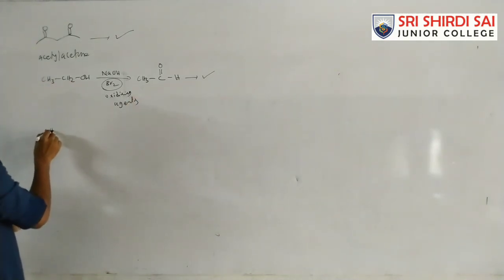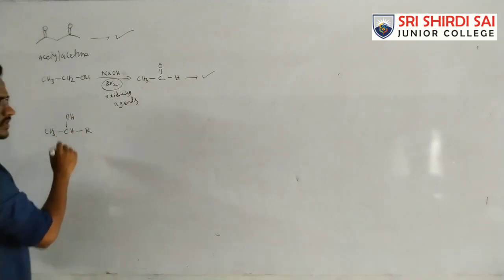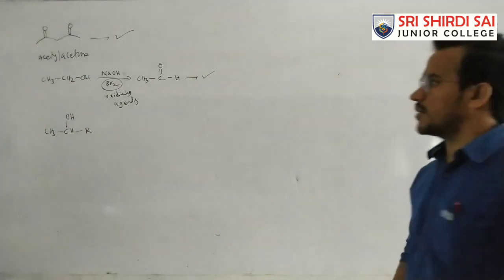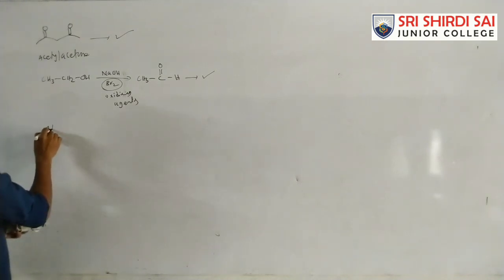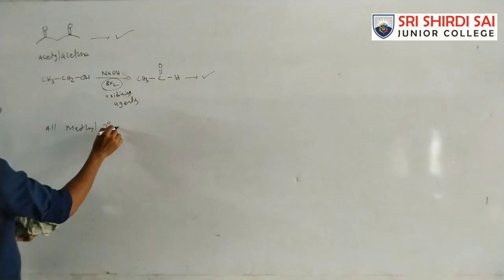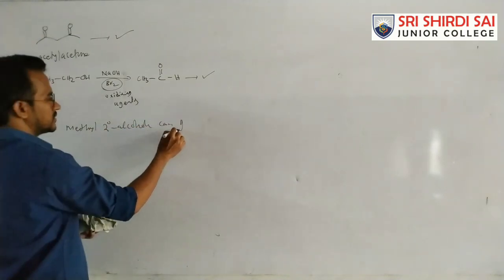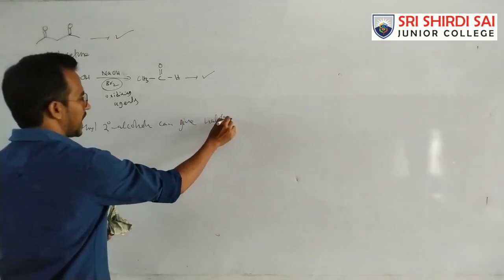Similarly, all secondary methyl alcohols, that means among the secondary alcohols, all methyl secondary alcohols can give the haloform.